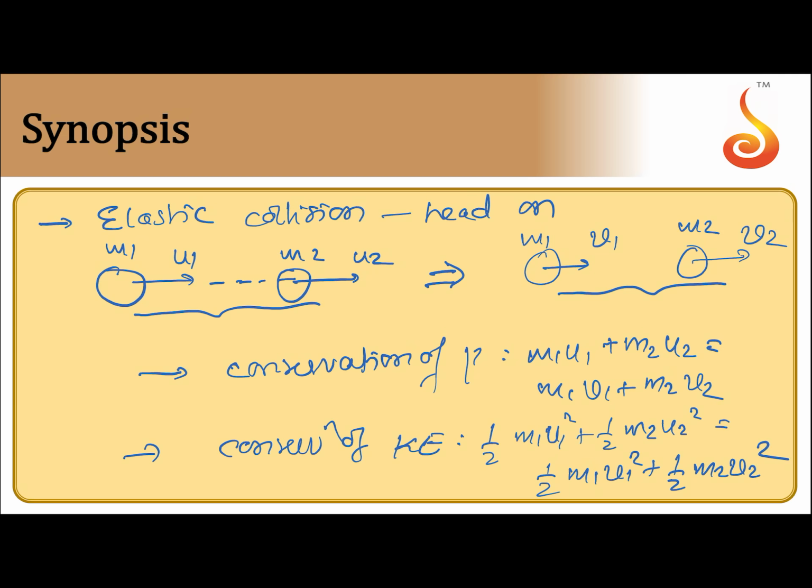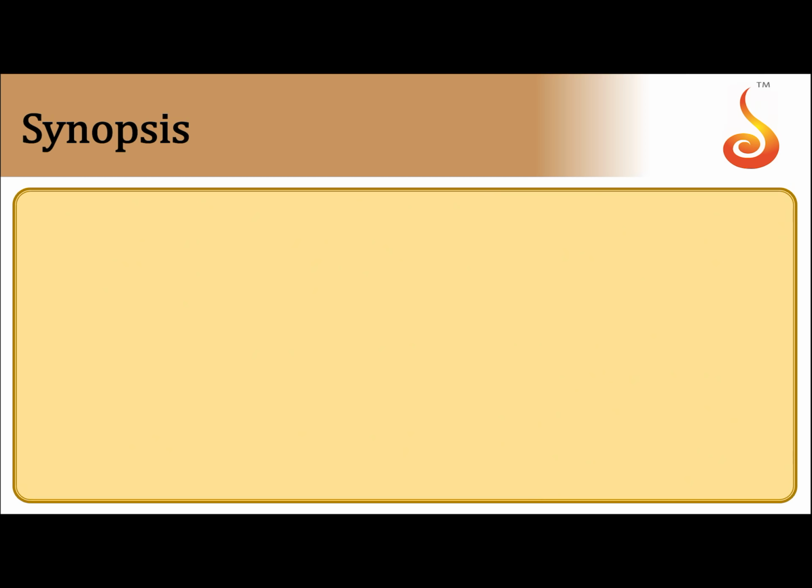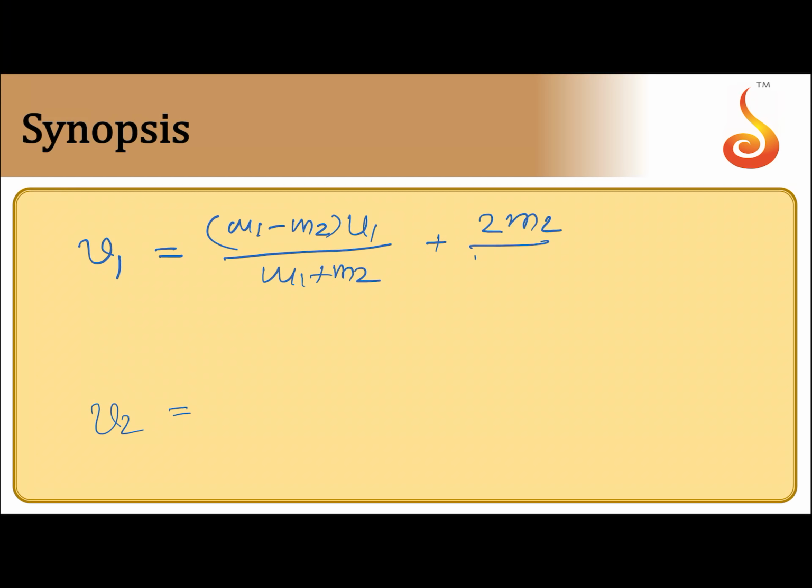Now, if we use these two, we can obtain the expression for the final velocity of the colliding particles. I am writing the result directly. v1 is equal to (m1 minus m2) u1 divided by (m1 plus m2) plus 2m2 divided by (m1 plus m2) into u2, that is, ((m1 minus m2) u1 plus 2m2 u2) divided by (m1 plus m2).